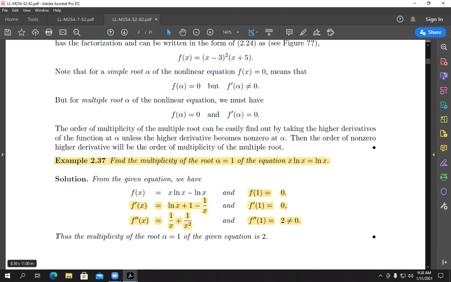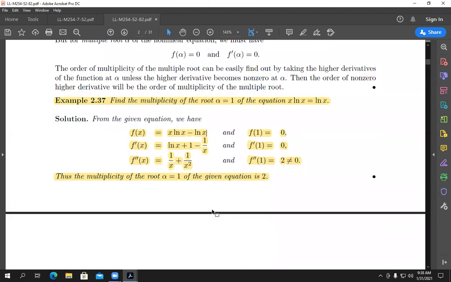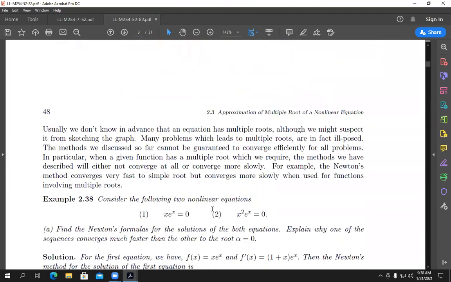The order of multiplicity of this one is 2. So m equal to 2. That's the way to find the order of multiplicity. Now we talk about some methods here.